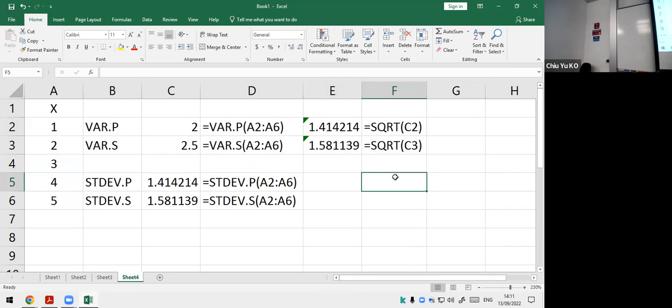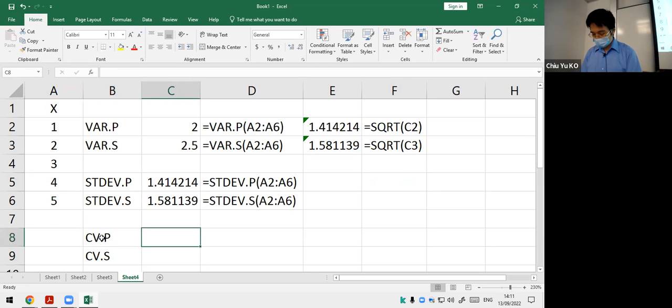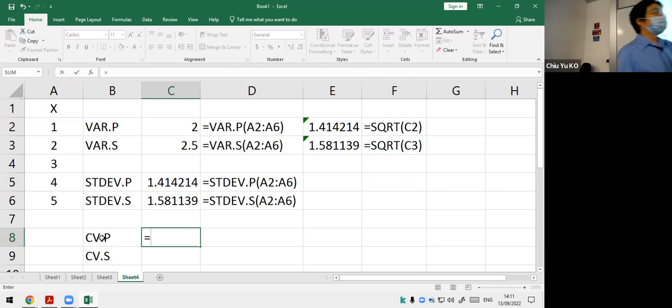The next thing is to calculate the coefficient of variation, for which there's no formula here. So how can we do it? Let's call them CVP and CVS, coefficient of variation P and coefficient of variation S. That's not hard. The coefficient of variation is just the standard deviation over the mean.